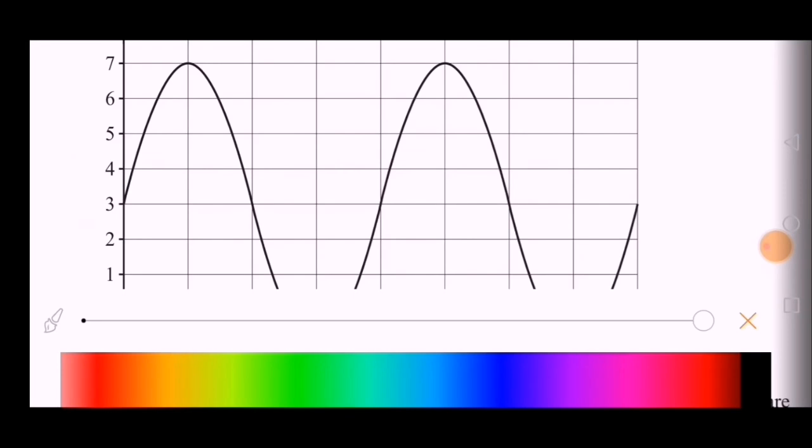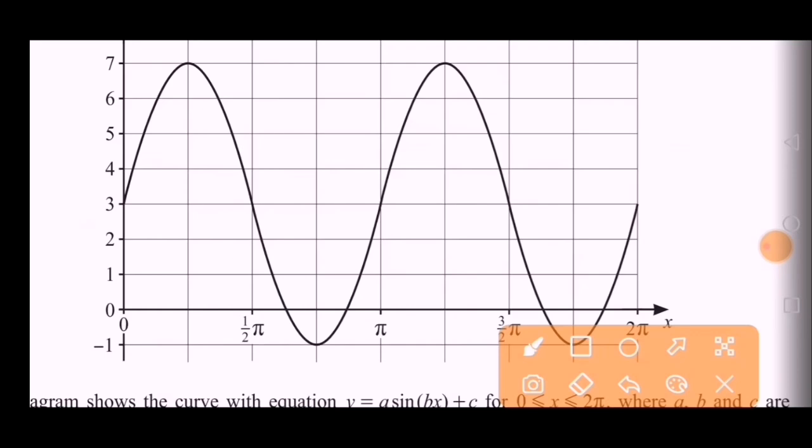The usual graph of y is equal to sine x looks like this. It starts here at the origin, rises up to a peak of 1 when x is pi over 2, decreases to 0 when x is pi, and goes the other way like that.